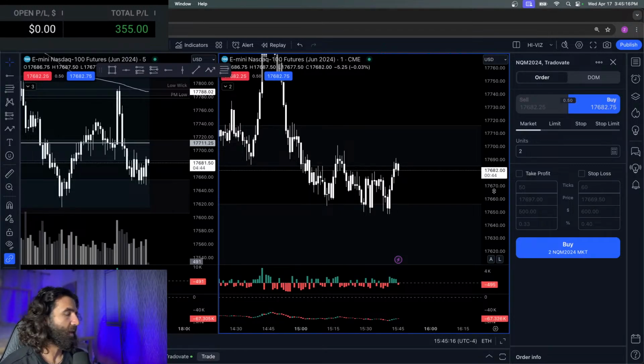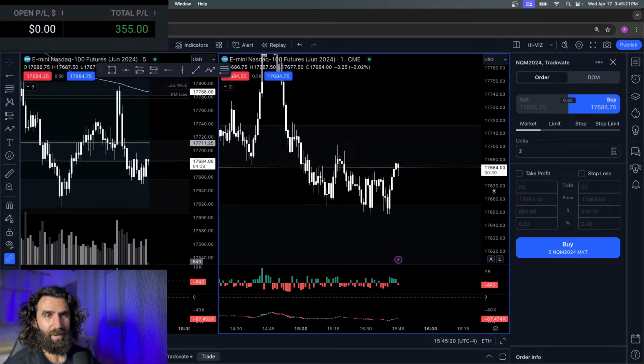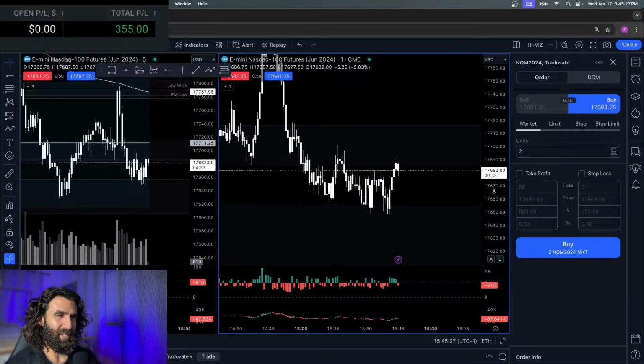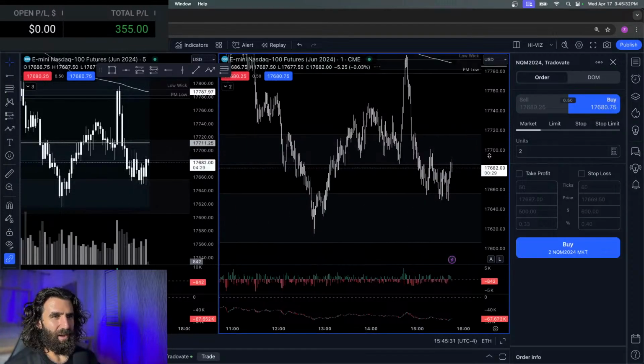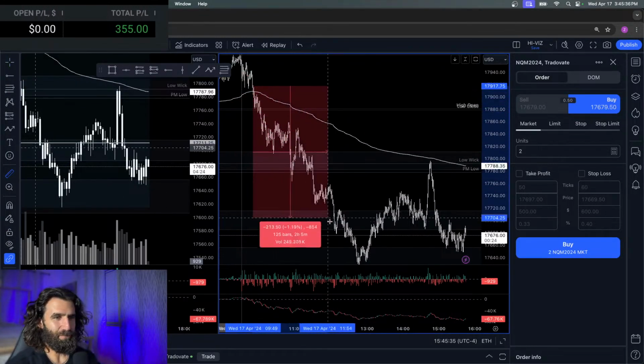One candle can make your day. Yeah, on the NASDAQ, man, you can take on some really nice profit or really nice loss on the E-mini for sure. Because this thing can move, as you can see, hundreds of points in a day, not just hundreds of ticks.